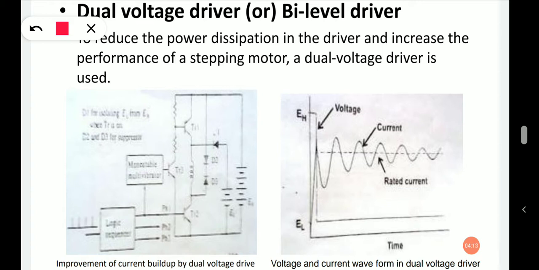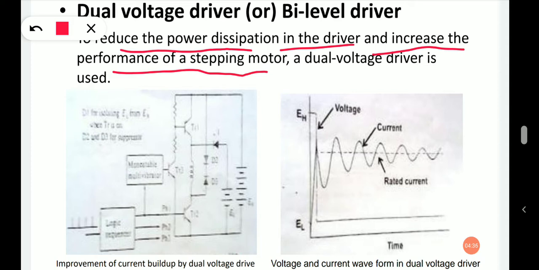Why is this driver used? To reduce the power dissipation in the driver as well as to increase the performance of the stepper motor. So there are two reasons for the use of this driver.